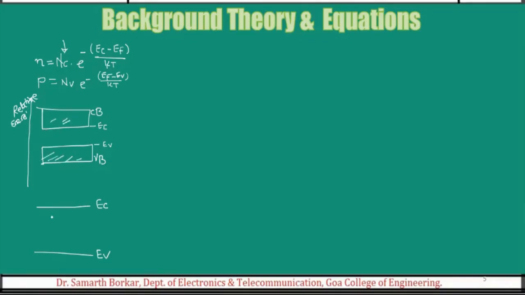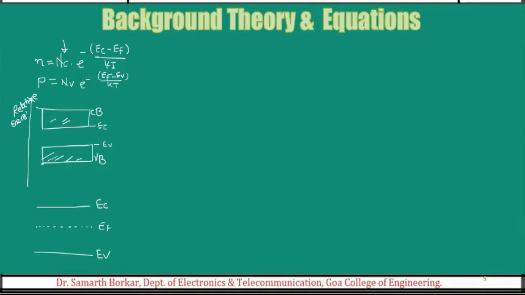Now let us draw a Fermi level. Last time we discussed what the Fermi level is. It is a measure of the probability of occupancy of the allowed energy states; it tells you whether a particular energy state is occupied by an electron or not. Let us mark some Fermi level here, Ef.